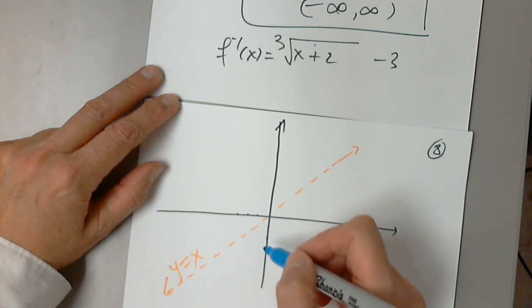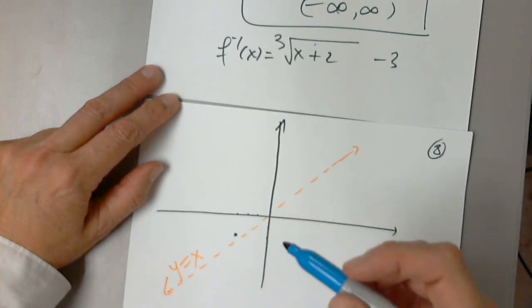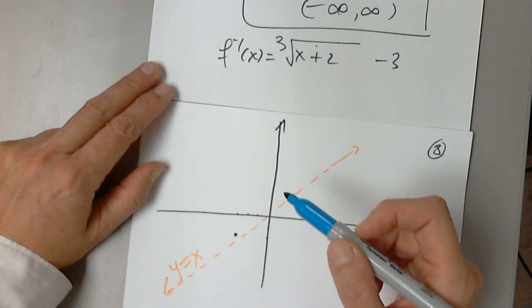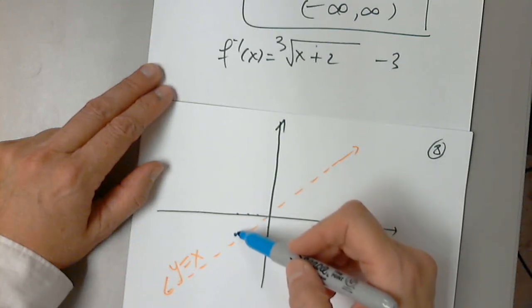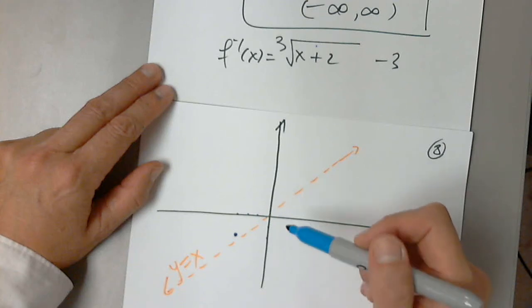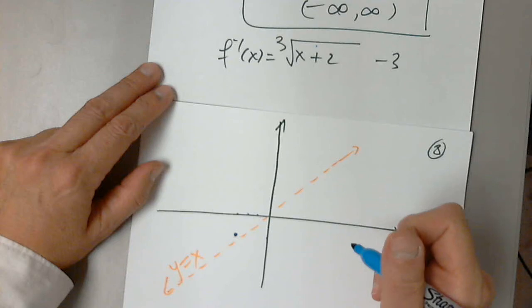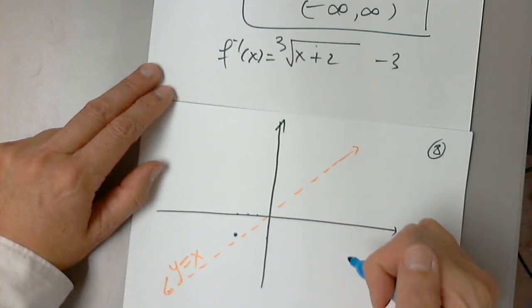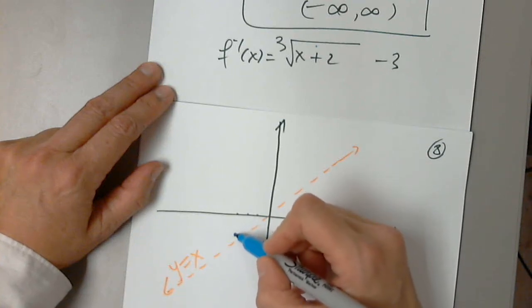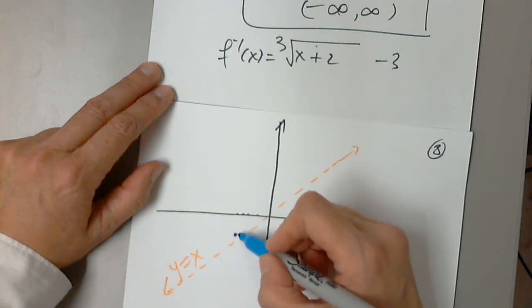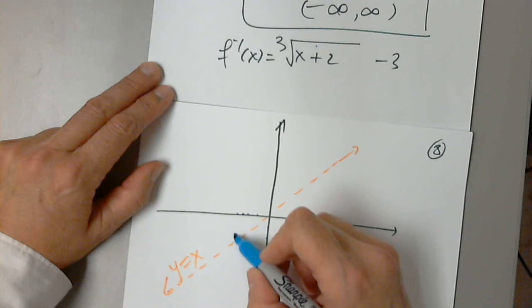So here's the graph. And where does it cross? At y equals 0, I can't determine that, because I have the cube root of 2, minus 3. I have no idea what that is. So you're going to have to be happy with what I graph.